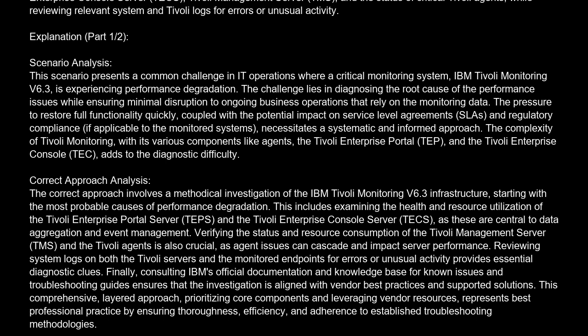Reviewing system logs on both the Tivoli servers and the monitored endpoints for errors or unusual activity provides essential diagnostic clues. Finally, consulting IBM's official documentation and knowledge base for known issues and troubleshooting guides ensures that the investigation is aligned with vendor best practices and supported solutions.